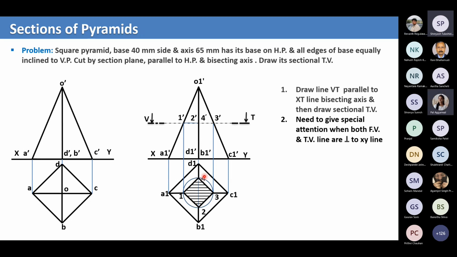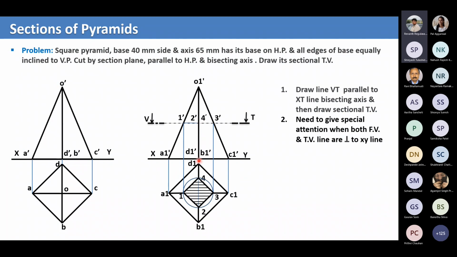Can you explain it again, the arc thing? Yes, sure. So here what happens is, from 1 dash, you just brought down the projector, the projection line, and it is cutting our O1 A1 at this point, and we have labeled it as 1. But then how do we get 2 and 4?